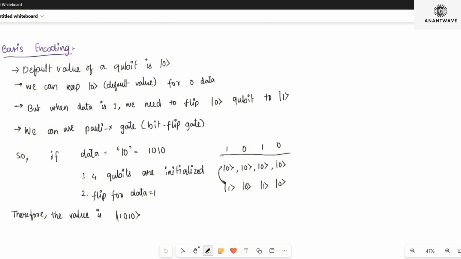And whenever there is a 0, it should be left as it is. And then again 1, so we need to flip this ket 0 to ket 1. And here again 0, so we ignore this part. So the Pauli X gate is applied here and here. So whenever the data is 1, we apply the Pauli X gate.